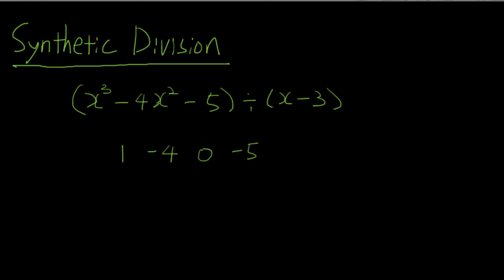So we have to be careful that we need to put this 0, which is for the x term, which we do not have here, yet we need this 0 to hold that place. All right.